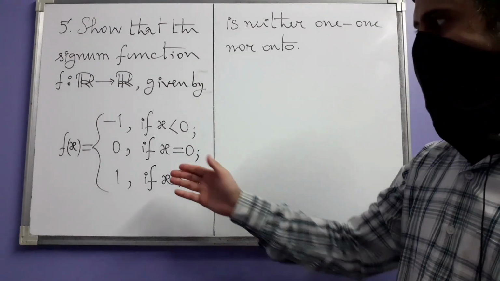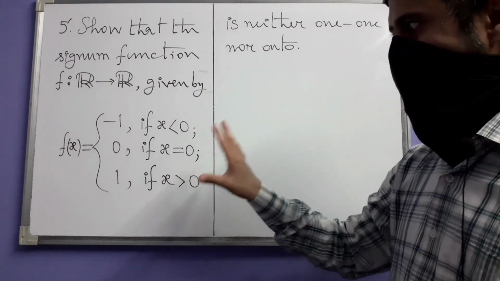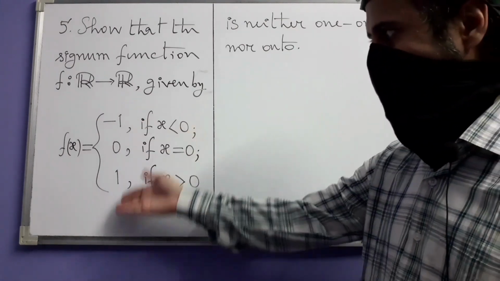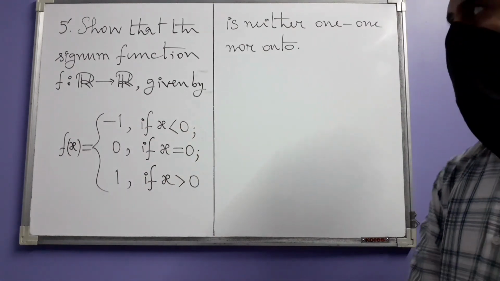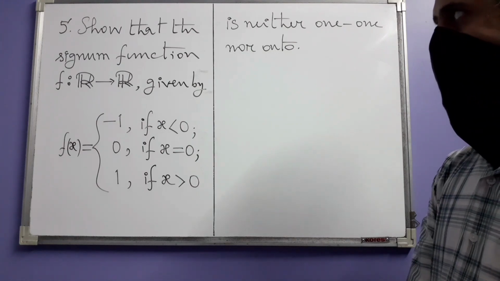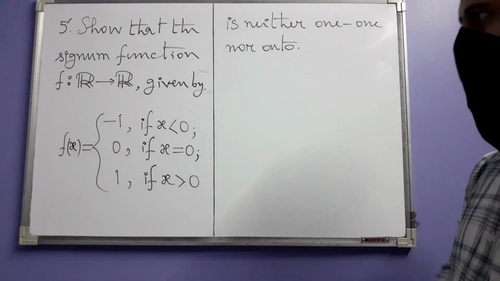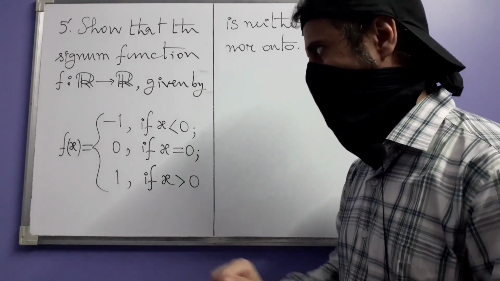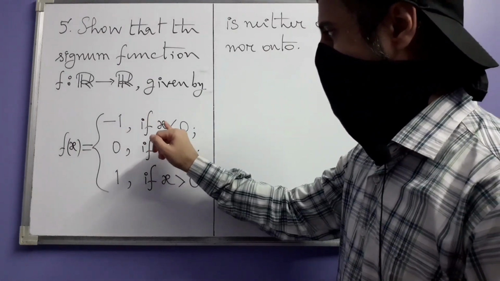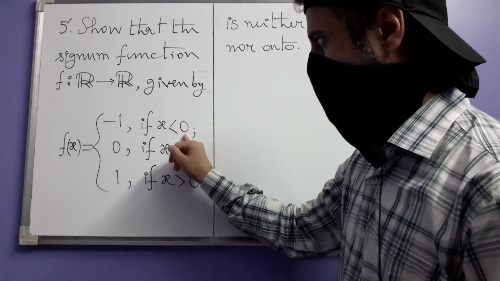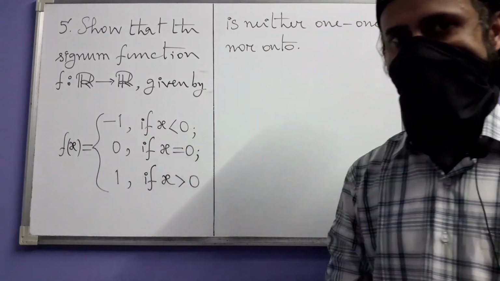Next we have the signum function. Now this looks okay because the definition is given here itself. We have to prove that this one is also just like the previous two, neither 1 1 nor onto. And what is the function? Let's see. When our input is negative, the output is constantly -1.